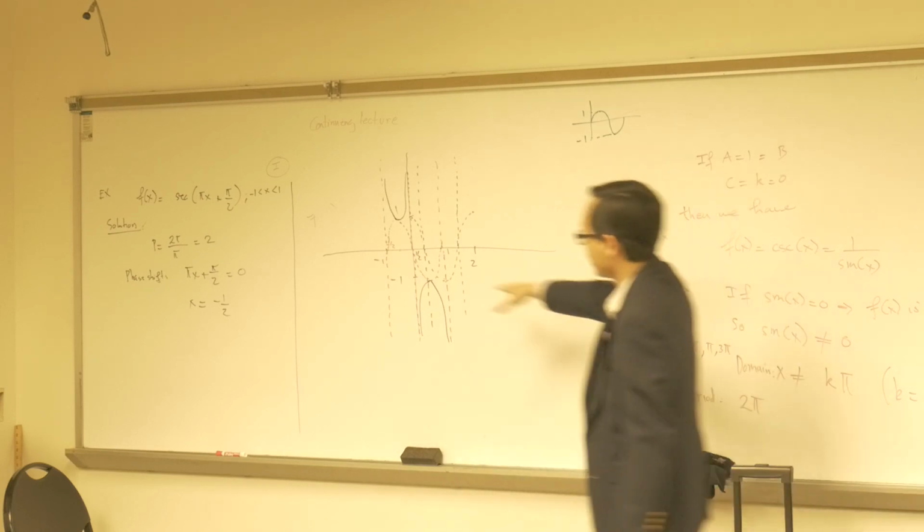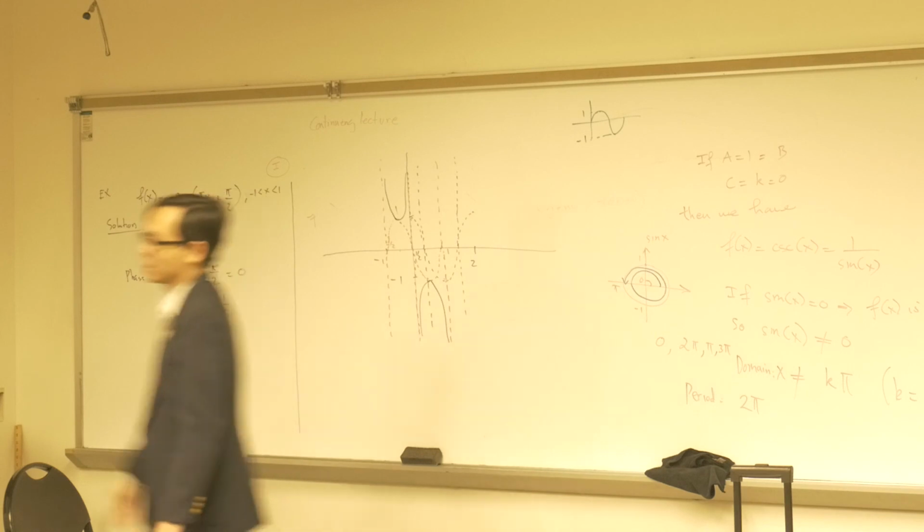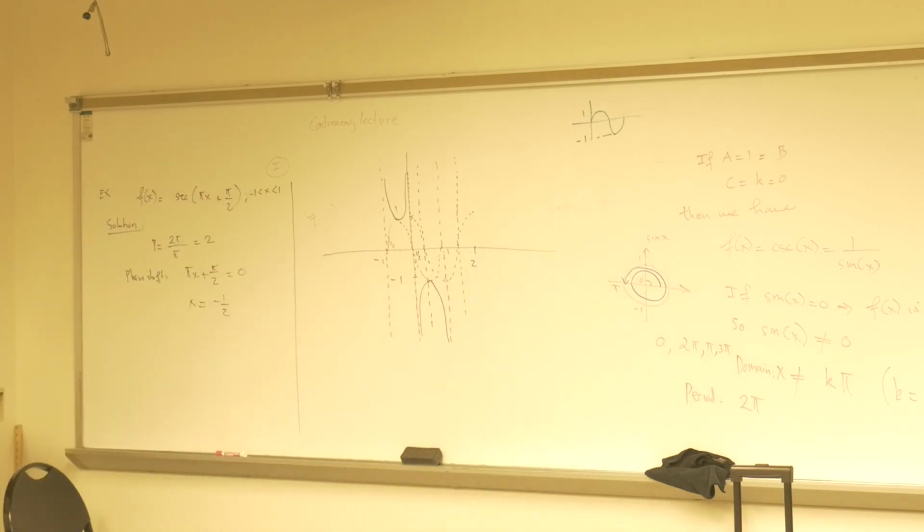But if it's pi or 3 pi or 4 pi, I don't think they're going to show 3 pi, 4 pi and 2 pi on the x-axis for you. So the calculator is good for you to check the graph, but it's not perfect.